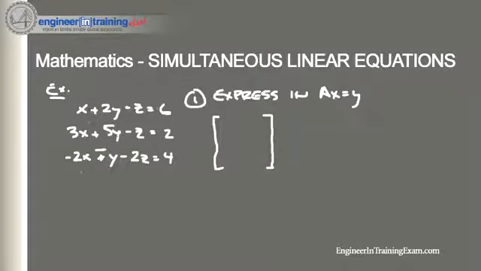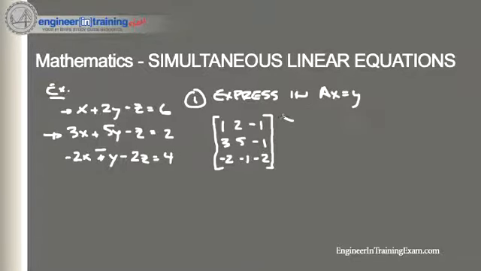So what we do is we just take the coefficients from the first equation and put that as row 1 in our new matrix, and the coefficients from equation 2 will be our second row. So let's go ahead and just express that here. We got 1, 2, negative 1, 3, 5, negative 1, and negative 2, negative 1, and negative 2.